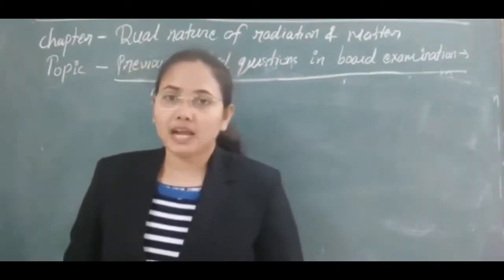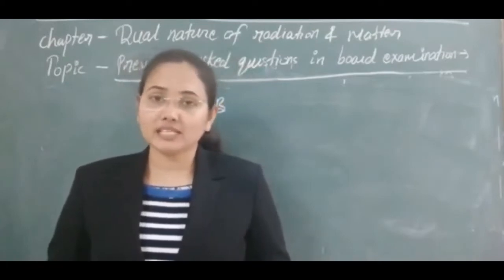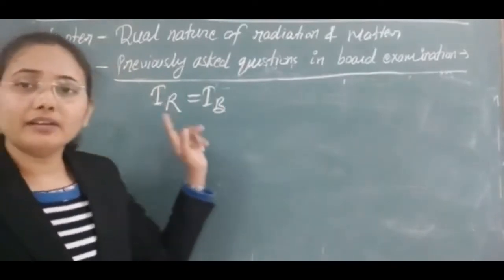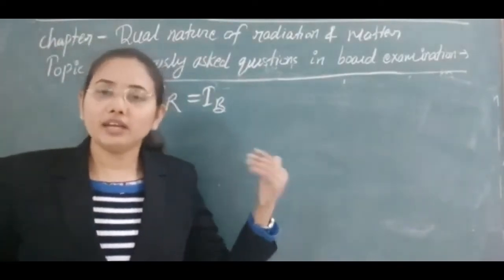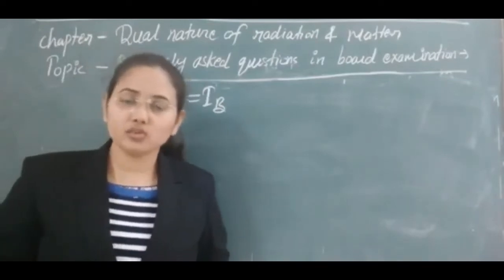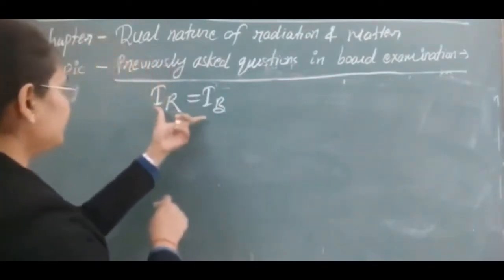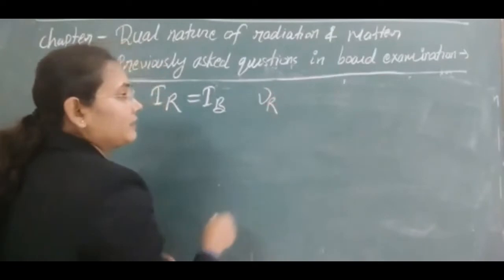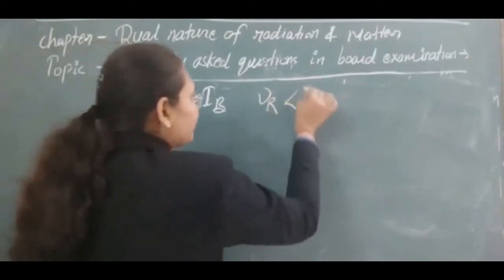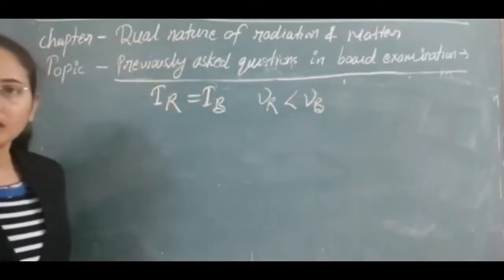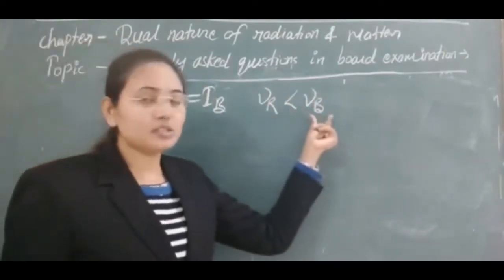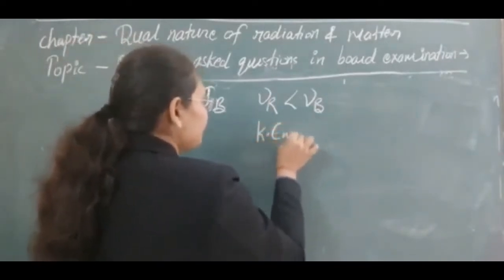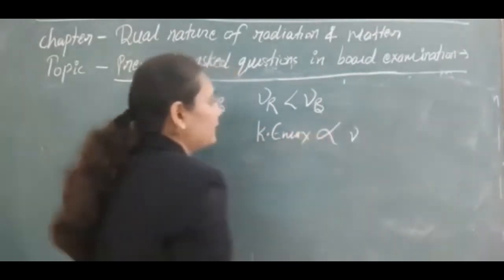As you know, the maximum kinetic energy depends on the frequency of radiation. Here the given condition is that the intensity of radiation is constant, but the frequency of radiation will change whenever we take different sources, different colored light. In the white light spectrum, the frequency of red colored light is smaller than the frequency of blue colored light. And the relationship between maximum kinetic energy and frequency is that it is directly proportional.